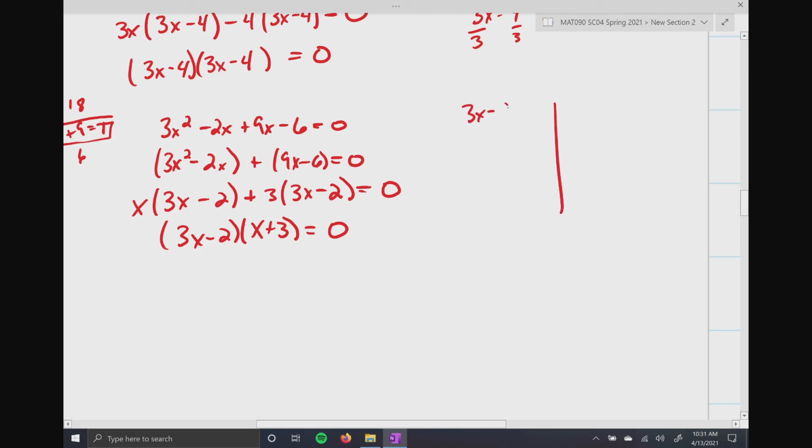3x minus 2 equals 0. x plus 3 equals 0. So let's solve each one of these independently. Add 2 to both sides. And then divide both sides by 3.